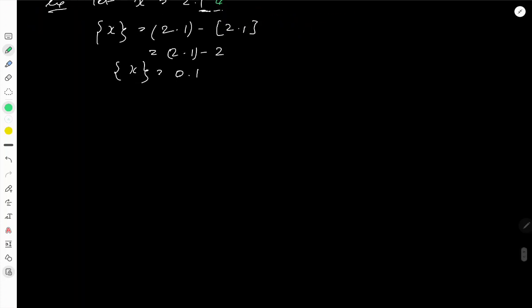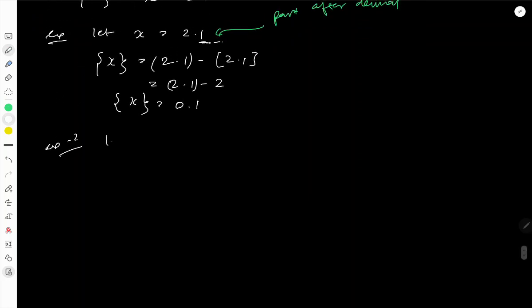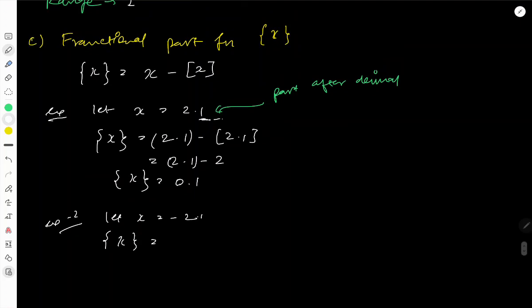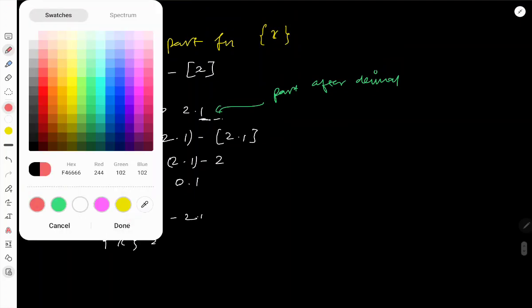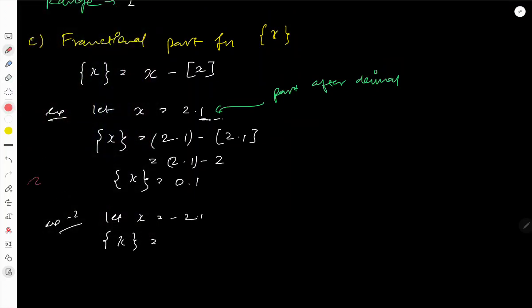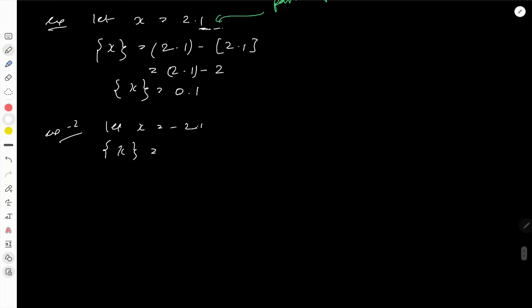Now we have to take care in the case of a negative number. Let x be equal to minus 2.1. So the fractional part of x would be, according to our definition, which is important and we would need many times, as you will realize in questions, minus 2.1 minus box of minus 2.1.